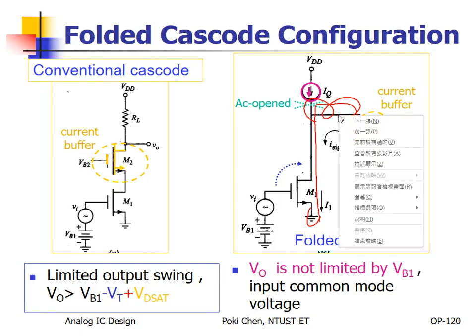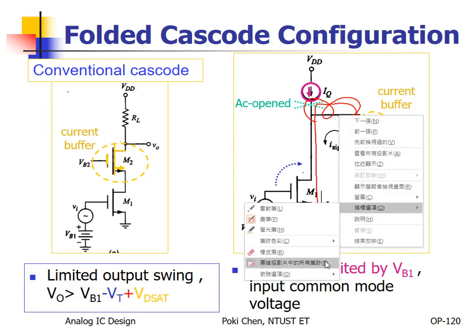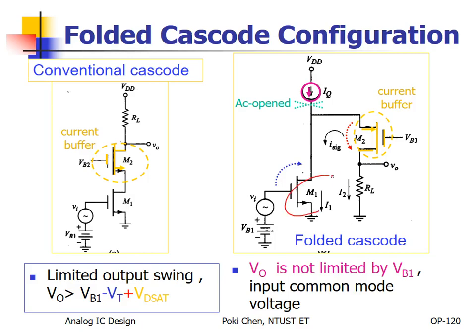But again, first of all, we need to provide the same mechanism. What is the mechanism? First of all, the input transistor, I mean the transconductance transistor, needs to convert the input voltage into output current. We still do the same thing for M1, right?